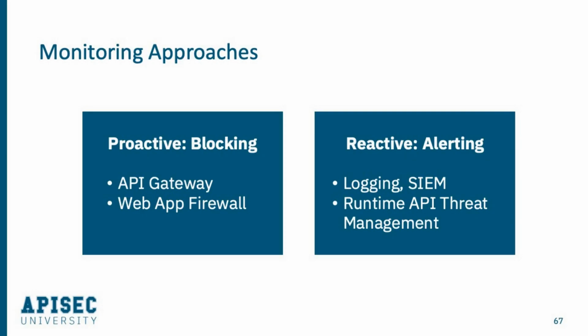So you want to get alerted, you want to be notified, you want to be able to retrace steps, because the last thing you want to do is block legitimate traffic. And there may be instances where there's just simply not enough context to be able to make a yes, no decision on it. So you want to then have that alerting, that monitoring ability to go back and understand the traffic and maybe refine the rules for your more inline proactive technologies.